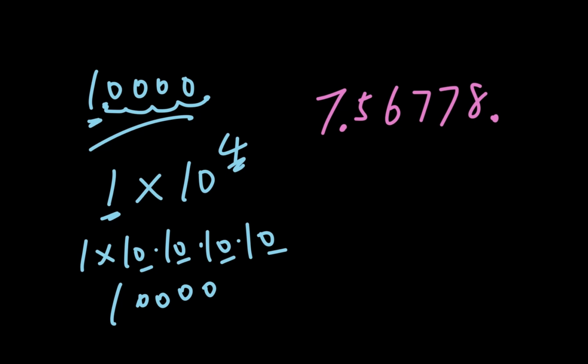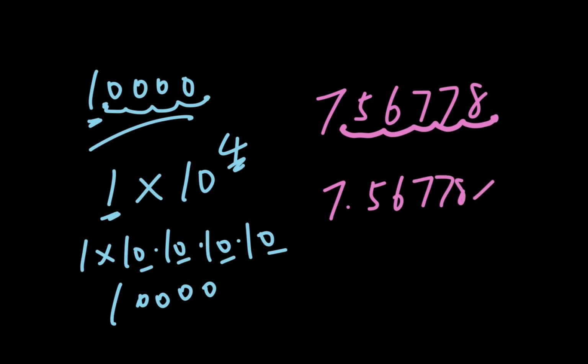Now we just count how many times we moved. 1, 2, 3, 4, 5. 5 times. So in this case, we will want to write all the non-zero digits out. So we will have 7.56778 times 10 to the power of 5 because we moved the decimal point 5 times.